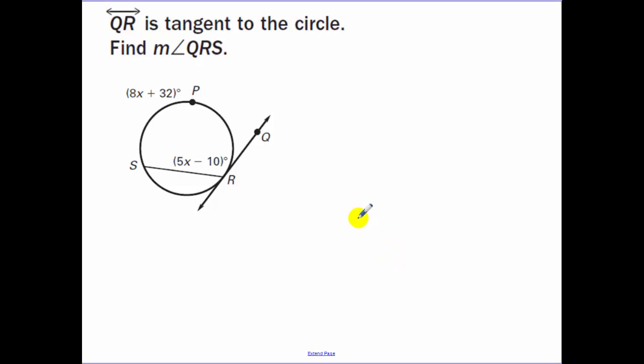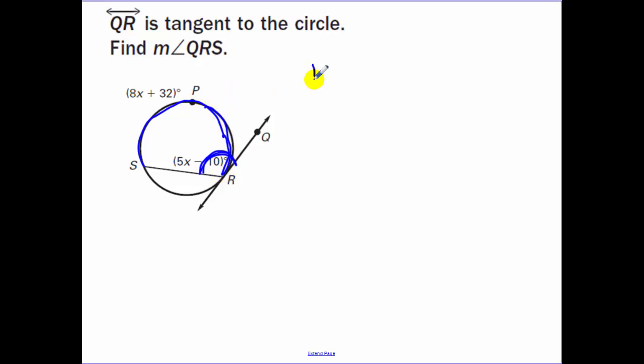Okay, so QR is tangent to the circle, and find the measure of QRS. So this angle here's measure is equal to half the measure of this intercepted arc.